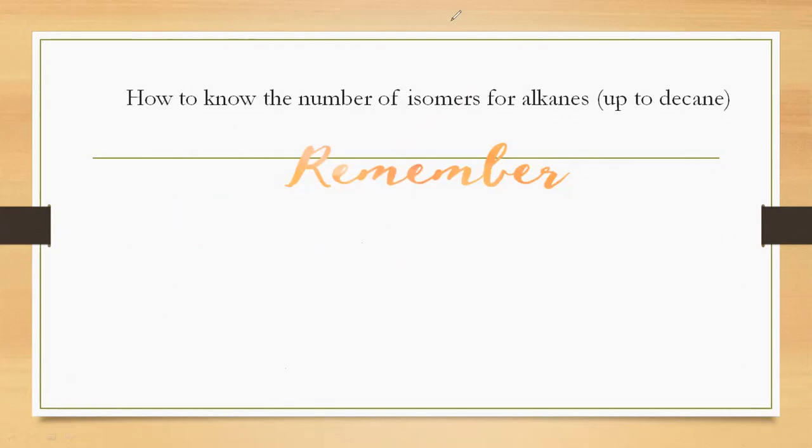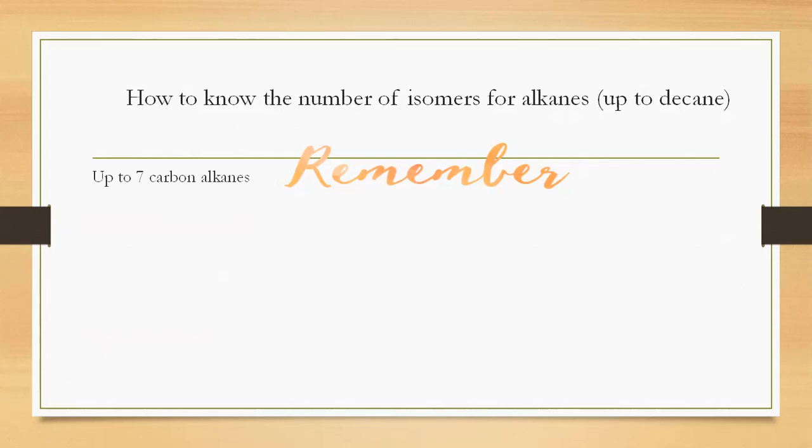So we'll see now in the alkanes, how to know the number of isomers. See, up to 7 carbon alkanes, one formula is there. Then for 8 carbon alkane, 9 carbon alkane, 10 carbon alkane, different formulas.